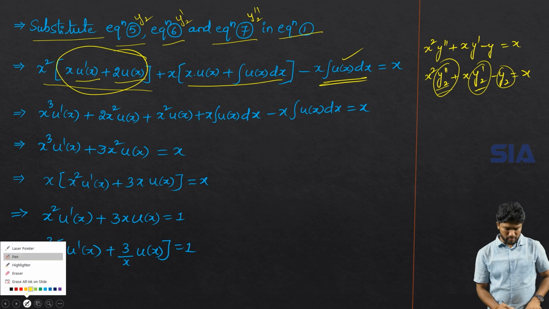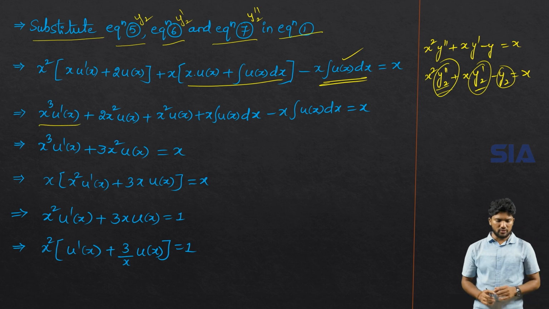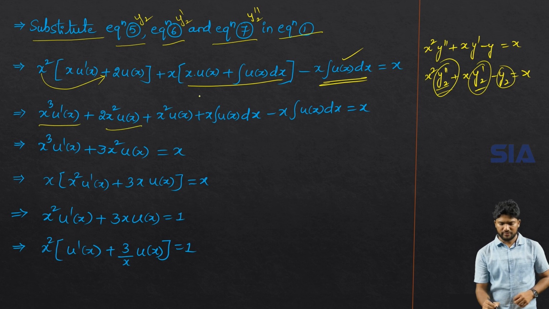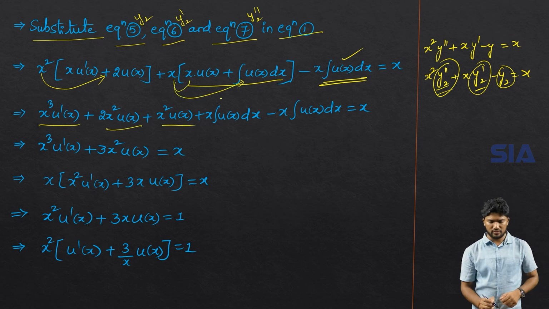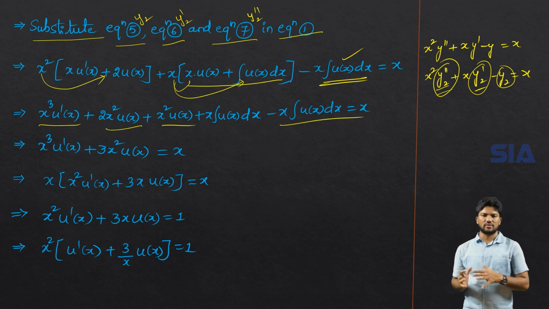Now simplify, multiplying each and every term with the coefficients: x cube into u dash of x, the second term 2x square into u of x plus x into x square u of x, and x into integration u of x dx. Write down the last term, minus x into integration u of x dx, is equal to small x.